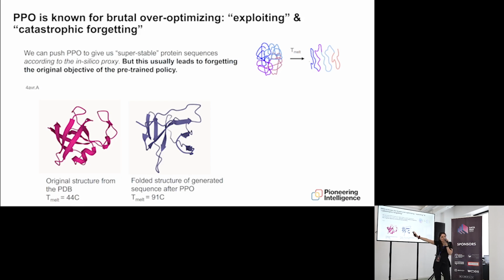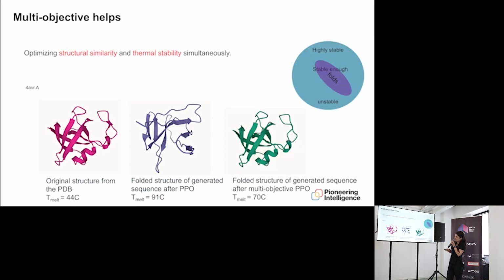Now we forward fold it, and we see exactly what many people observe: it gets really good at getting the reward, but it leads to catastrophic forgetting. Now if we fold it forward, it's really not matching the ground truth structure anymore and starts to unravel. One option is to use a KL term to make sure you're not diverging too much from your original ProteinMPNN policy.